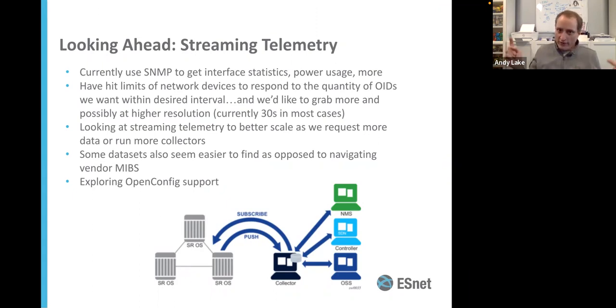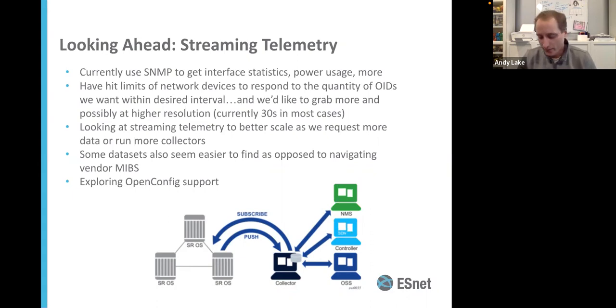We're actually very actively looking at streaming telemetry and have been doing a bunch of testing with that. It's essentially a different model for getting the stats, instead of polling a bunch of OIDs periodically. It's more of a push subscribe model where we can get the data.